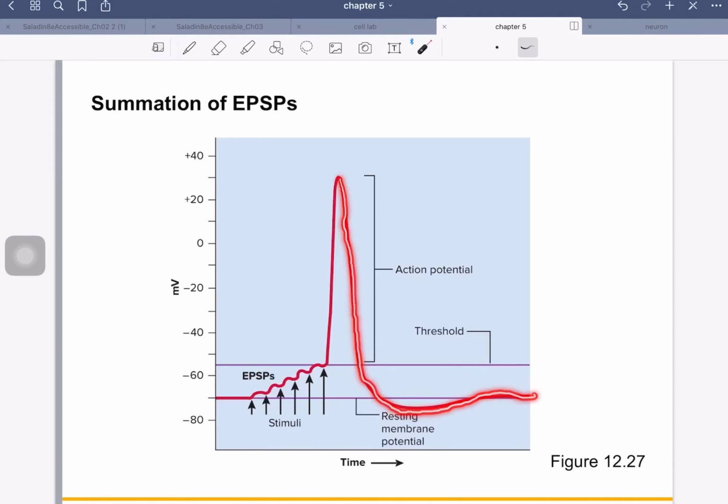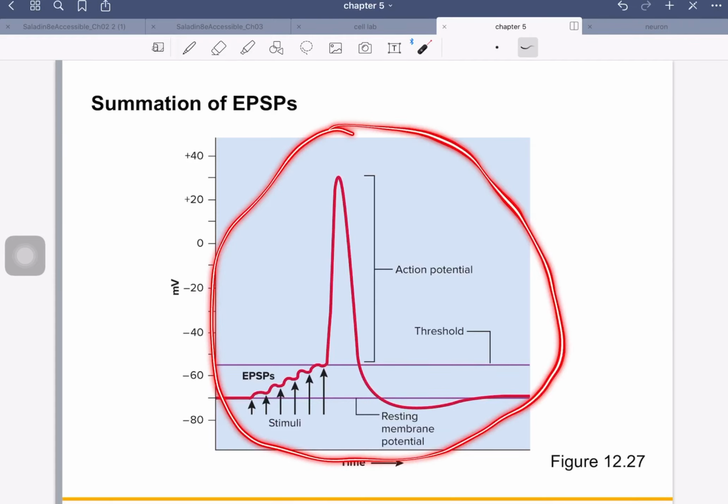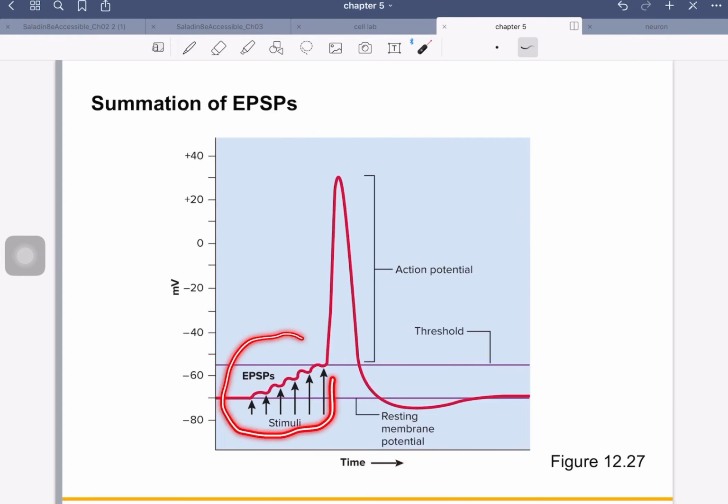And when you overshoot, you end up with a little hyperpolarization here, which we talked about in previous videos. And this is basically an action potential. And all we're showing you here is that in order to get threshold, a number of excitatory postsynaptic potentials can add up through summation, either temporal or spatial summation, to get you to threshold, and you get your action potential.